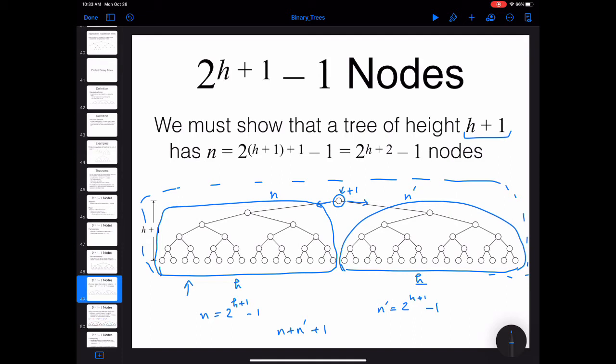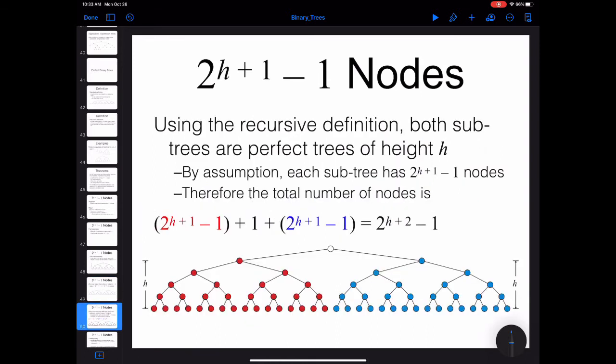I'm going to exactly just follow the formula, add these two together, plus 1. The number of nodes in the left subtree, the number of nodes in the right subtree, this is that n prime, and plus 1 for the root.